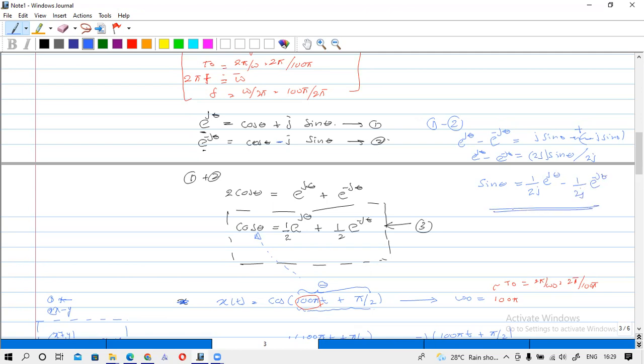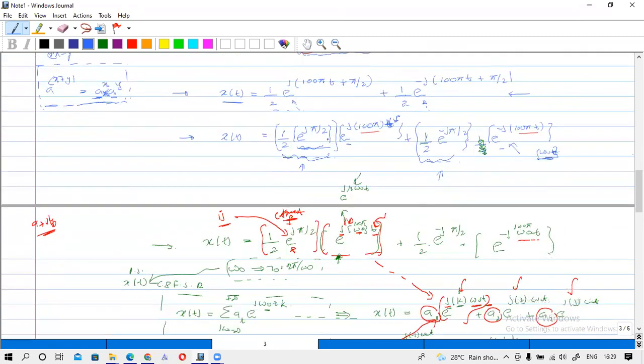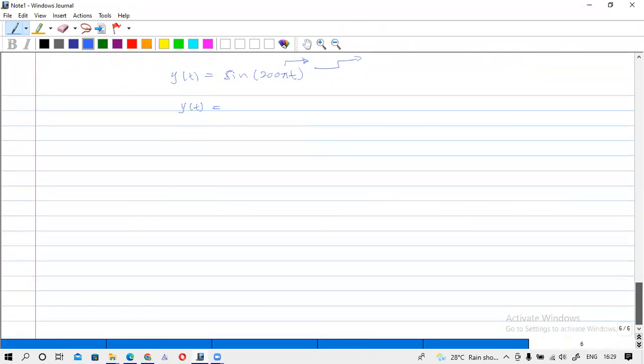I can write it like this. So I have half j, and theta is this term.